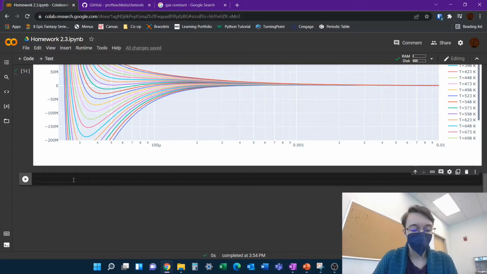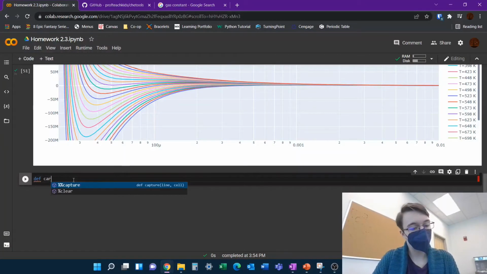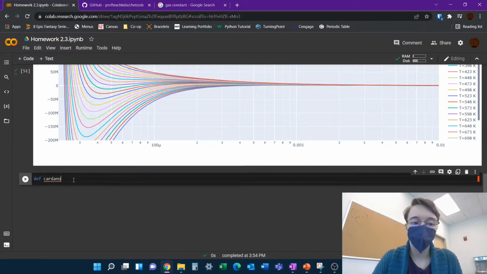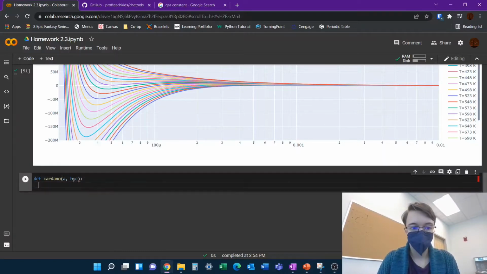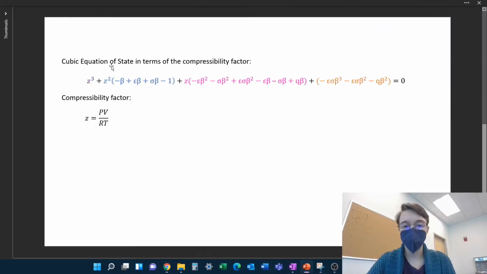So we want to define, let's call this Cardano, since we're using the Cardano's formula. Our inputs are going to be A, B, and C, and then it will calculate the roots for us.